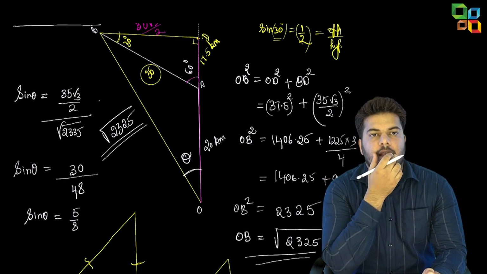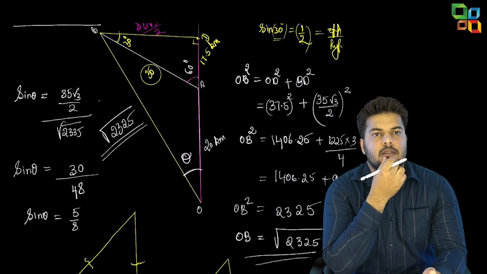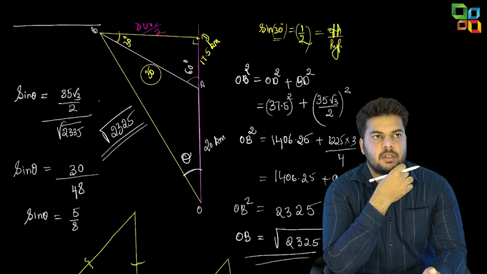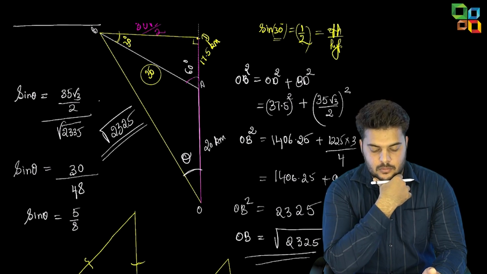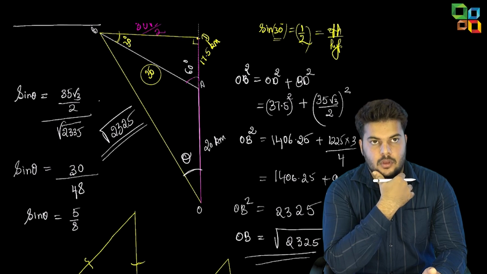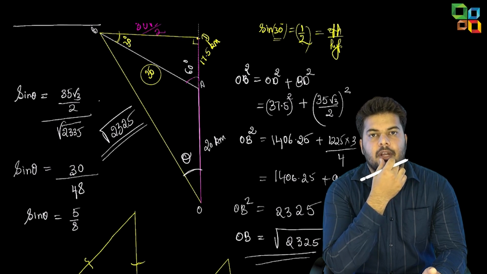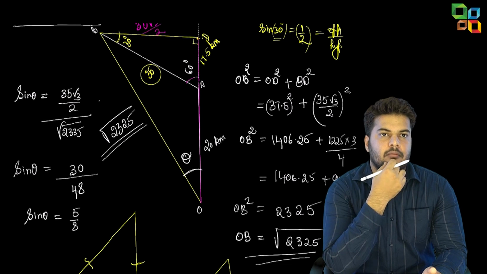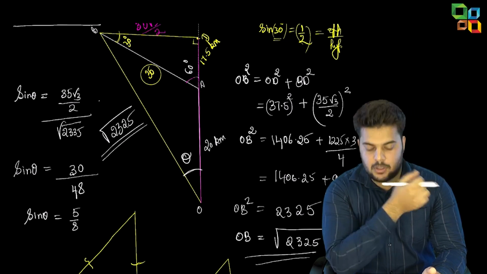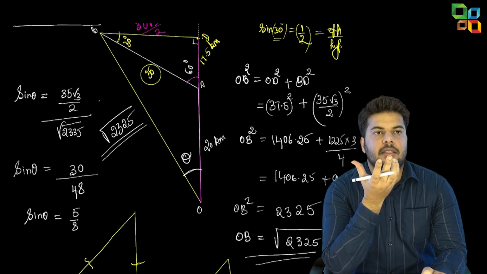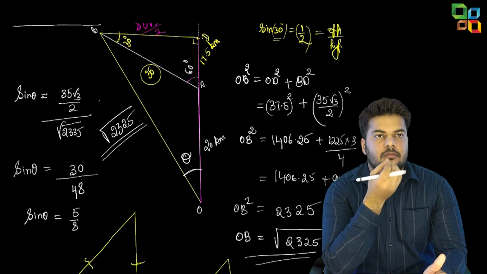5 by 8. 1/8 is how much? 1/8 is 0.125, isn't it? So 5 times 0.125, how much will that be? 4/8 is nothing but half.